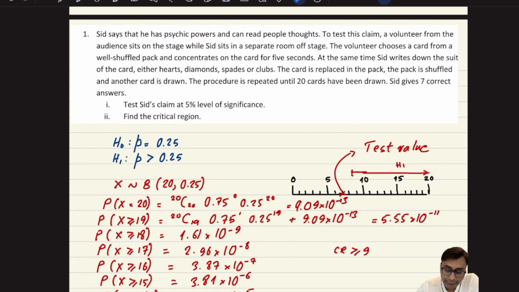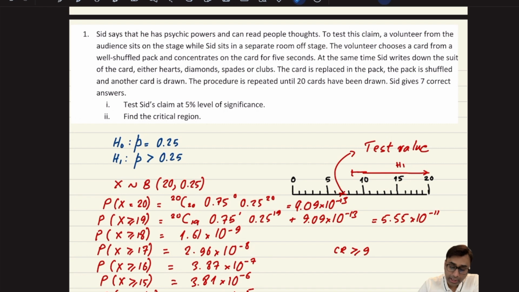If he does not have psychic powers, then his probability of guessing the right suit is 0.25. If Sid has psychic powers, then he will be able to guess the suit with a probability greater than 0.25. So H0 is p equals 0.25, and H1, him having psychic powers, is p exceeding 0.25.